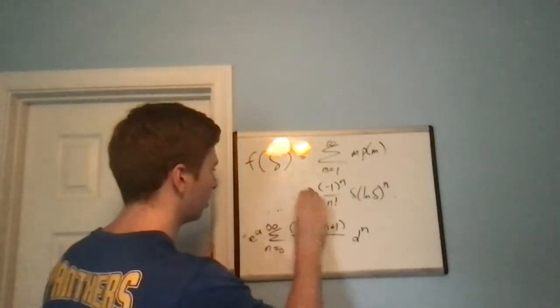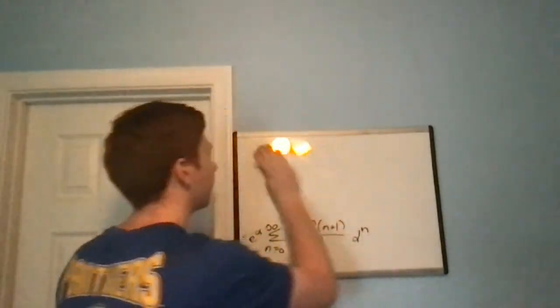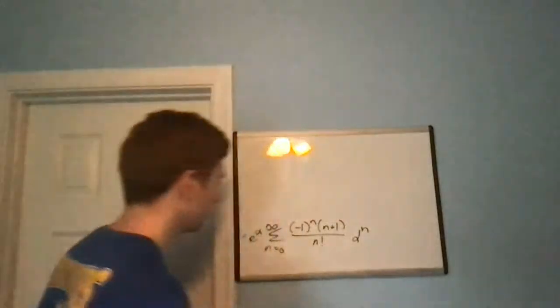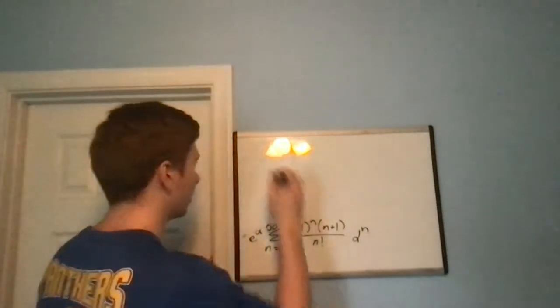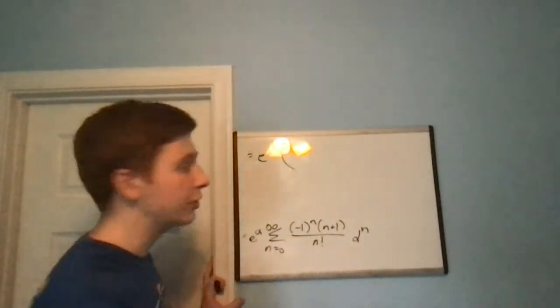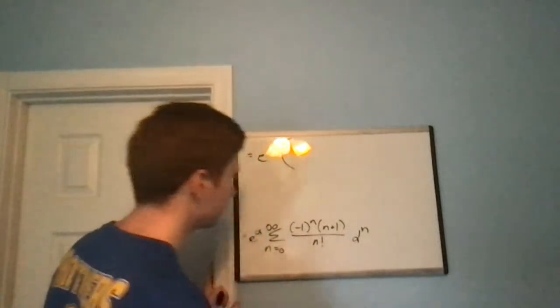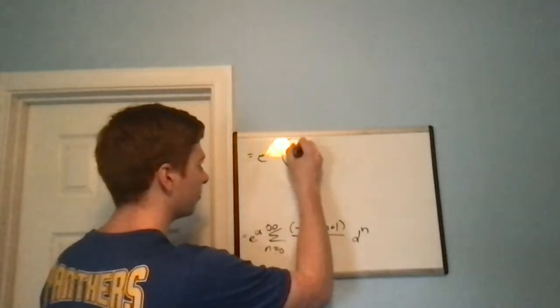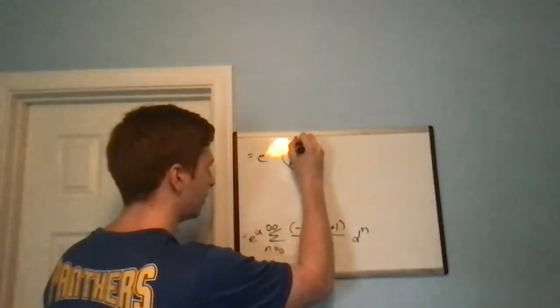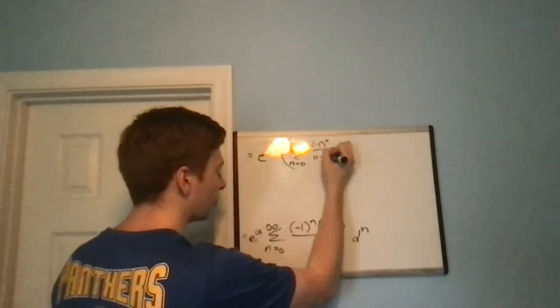So this becomes e to the alpha times, oh, you can't really see that because of the blur. There's an e to the alpha out front, times the sum from n equal to 0 to infinity of minus 1 to the n over n minus 1 factorial.